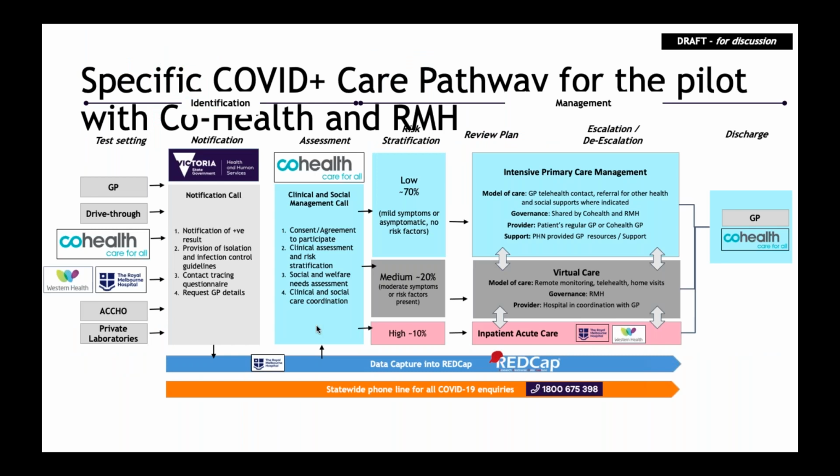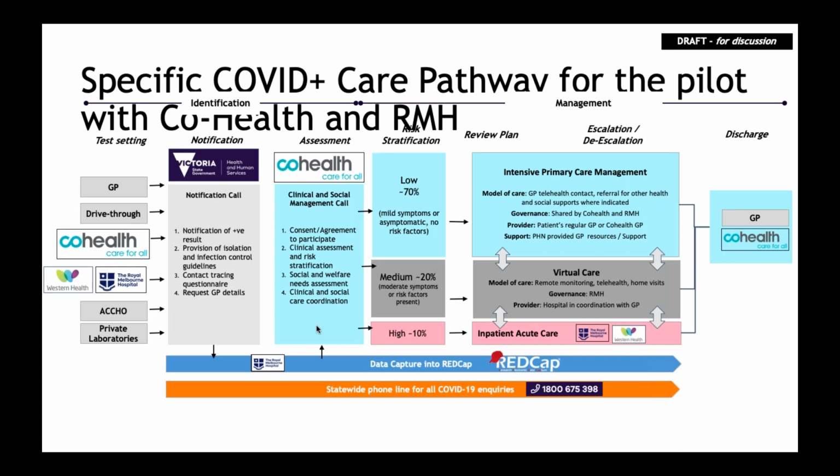So just moving on, and I'm not sure in this group how many people are outside the PHN area who've joined tonight, but this is the pilot that we've done with Melbourne Health. We've had notifications coming from cohealth, Melbourne Health and the department into an assessment centre who look at clinical and social and welfare needs and risk stratify individuals into low, medium or high risk.